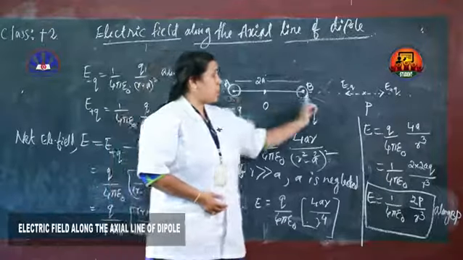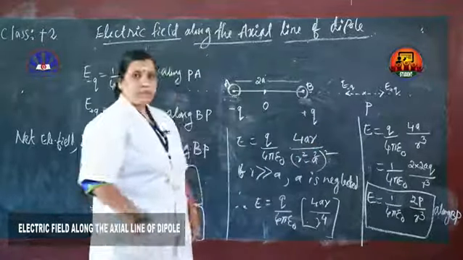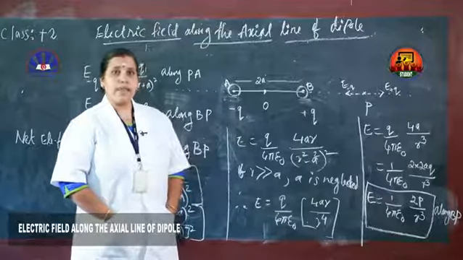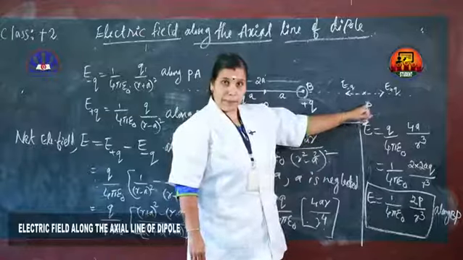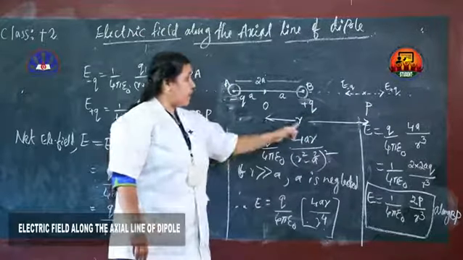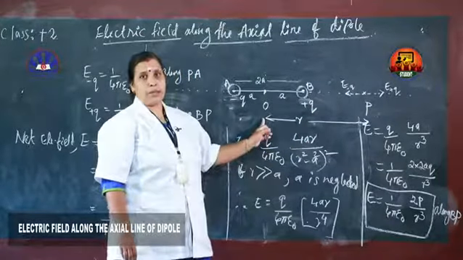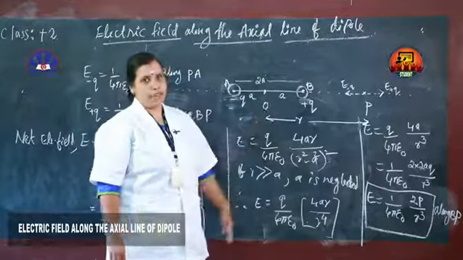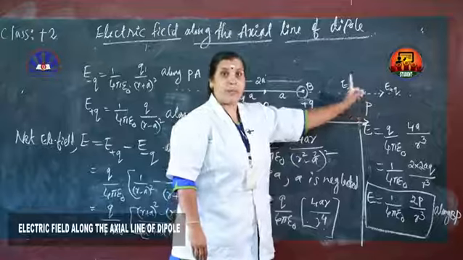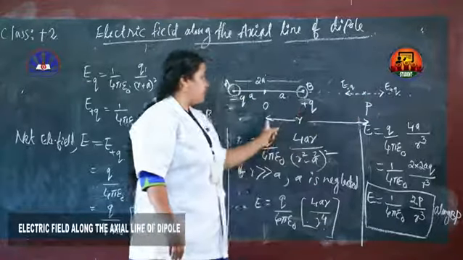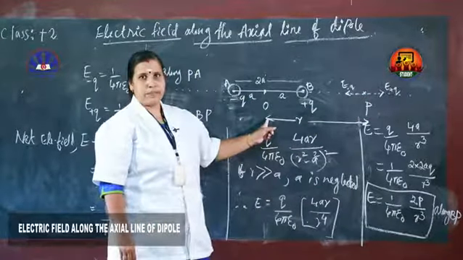That means this dotted line we consider as the axial line. Along the axis we take a point P at a distance r from the center of the dipole, where we have to find the electric field. Our aim is to find the electric field at the point P which is at a distance r from the center of the dipole.